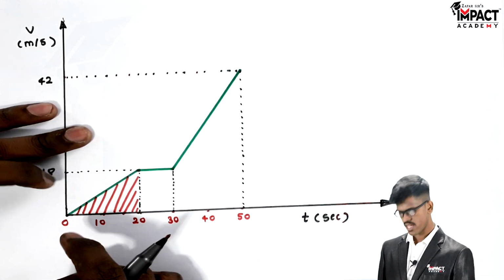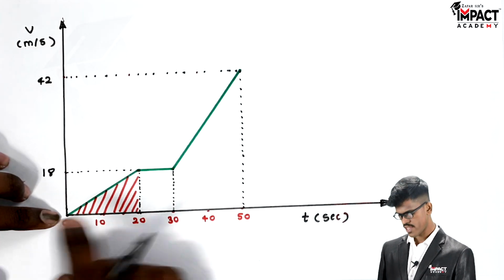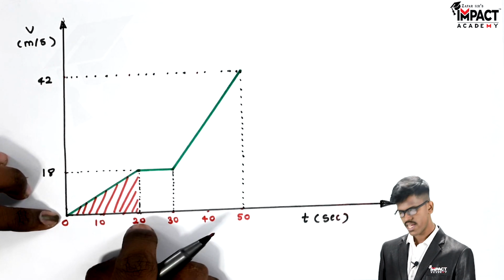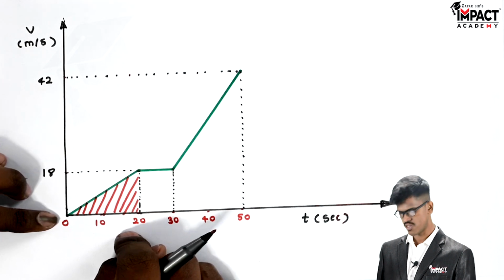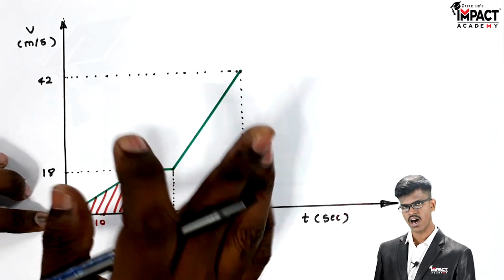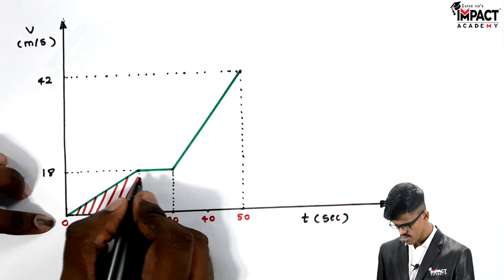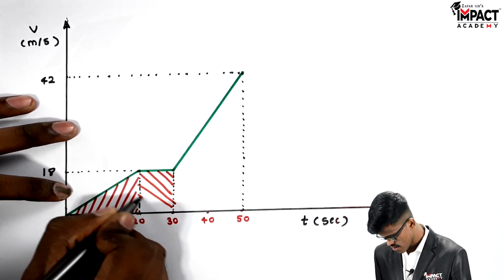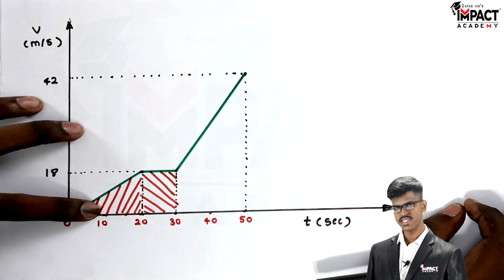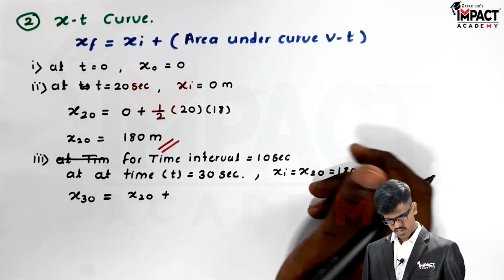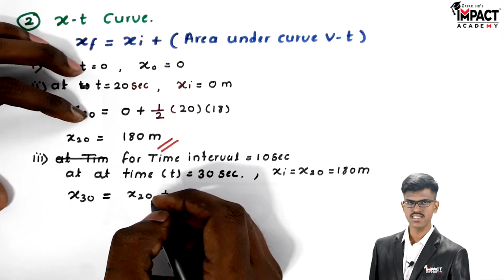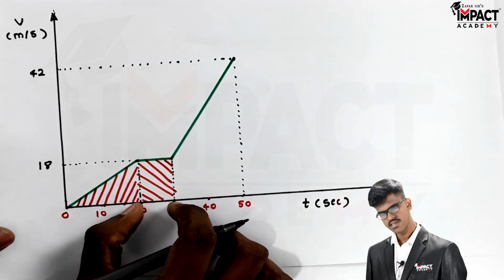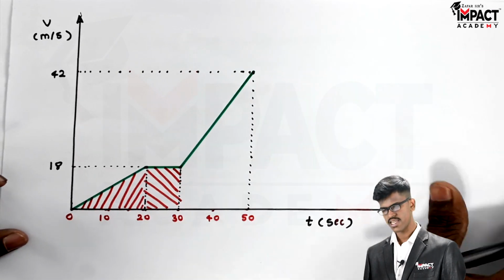If we consider the initial position as x naught, then we have to consider this amount of area. Here we consider x20 as the initial position, so we have to consider the area after 20 seconds, means we have to consider this area. So it is a rectangle. The formula for the rectangle is base into height, means here the time interval base is 10 and height is 18.